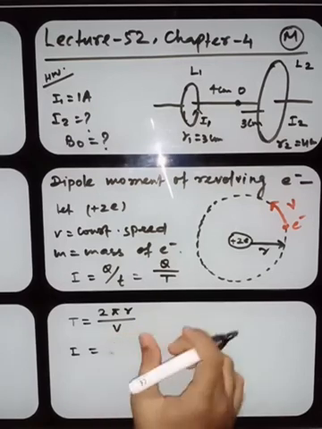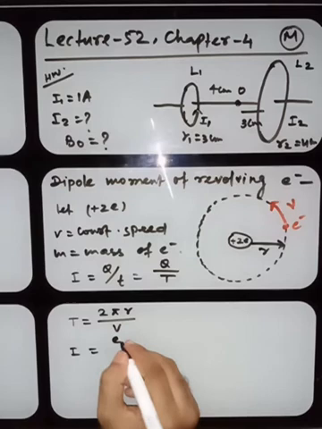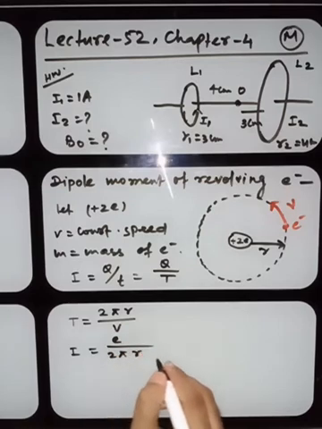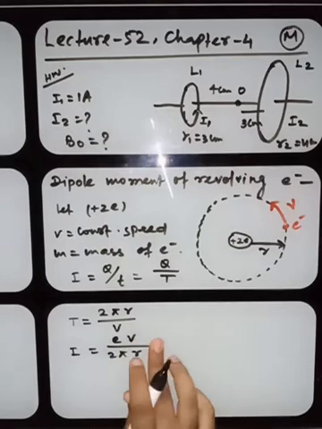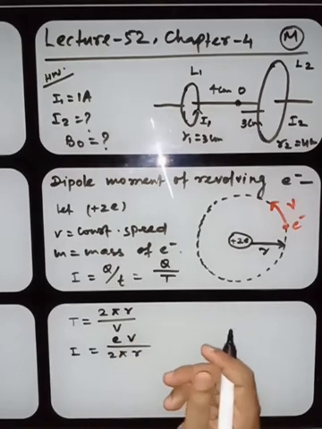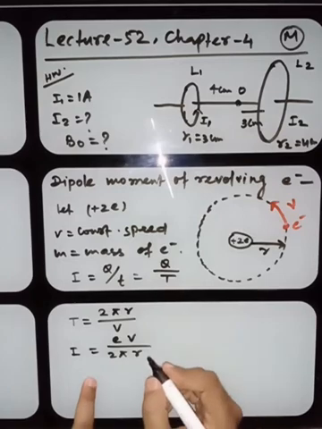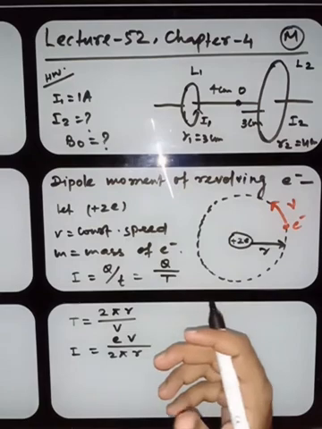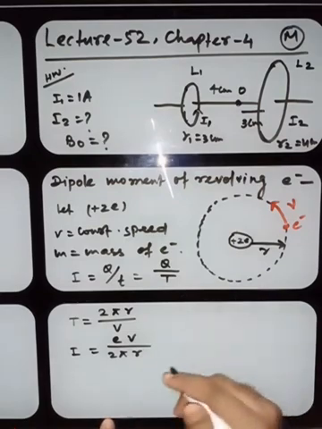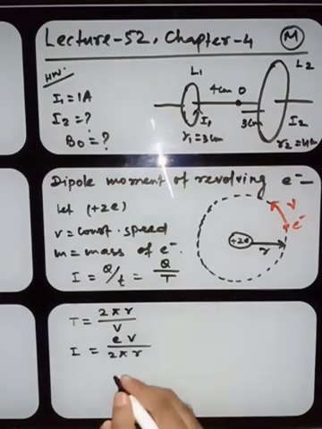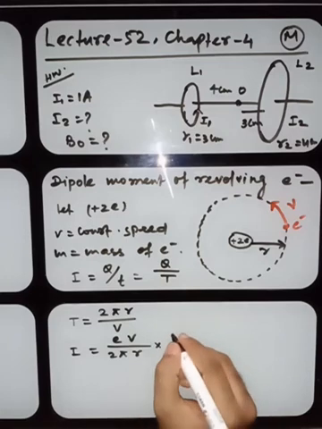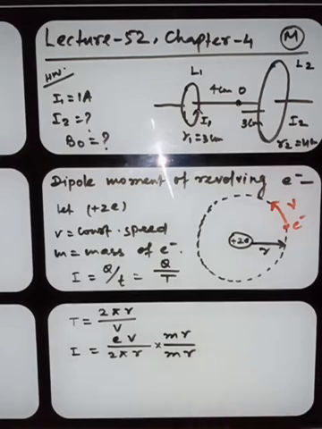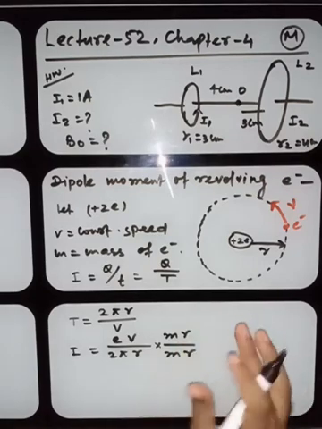Now we have I as Q, where Q is nothing but the charge of an electron, e, divided by 2 pi r divided by v. So v goes up. Now to find the magnetic dipole moment, let me multiply this by mass and radius, so that the equation is not affected.